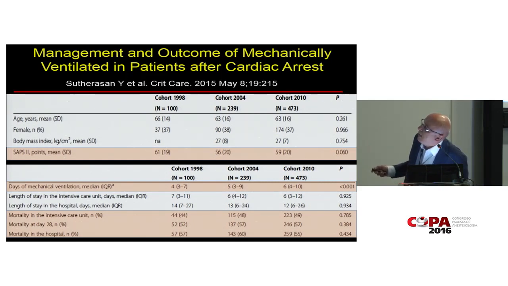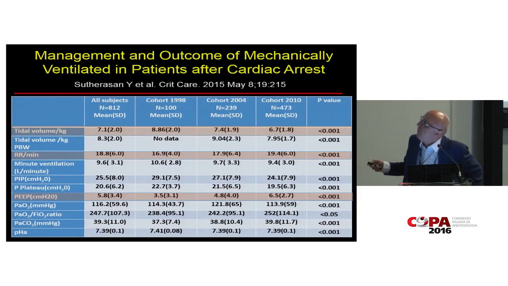But the days of mechanical ventilation were a bit increased with time, and mortality, however, was very high, around 50 to 56%. So first message: patients after cardiac arrest in the last years have a high mortality. This does not mean that they have a good neurological outcome. More than 50% have a very poor neurological outcome. So it's a major problem for these patients.